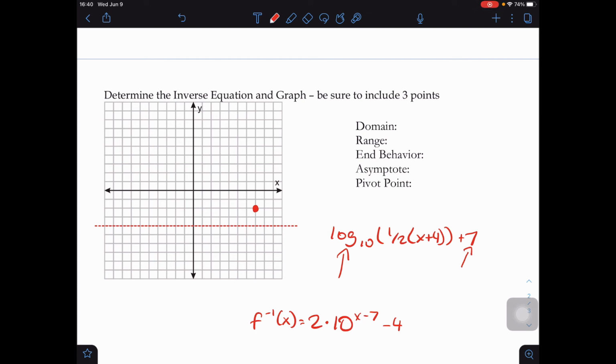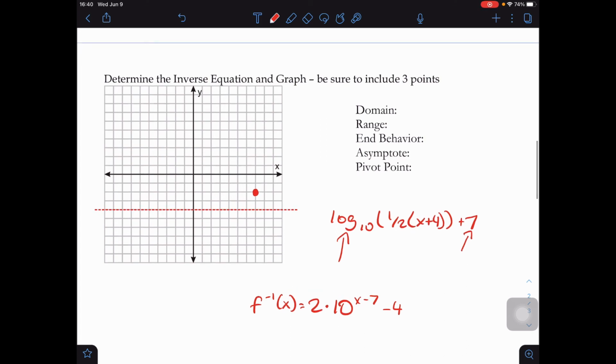And then we can try plugging in some more points. 8 minus 7 is equal to 1. 10 to the first power is 10. 10 times 2 is 20. 20 minus 4 is 16. Actually, that would not be on this graph.